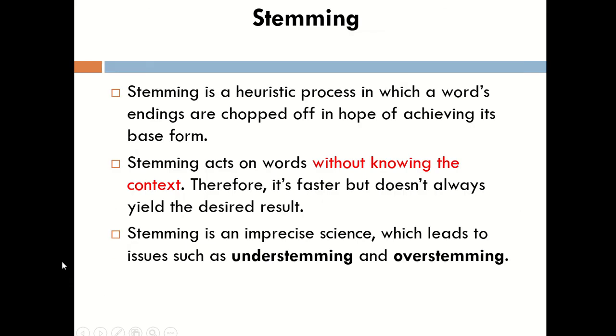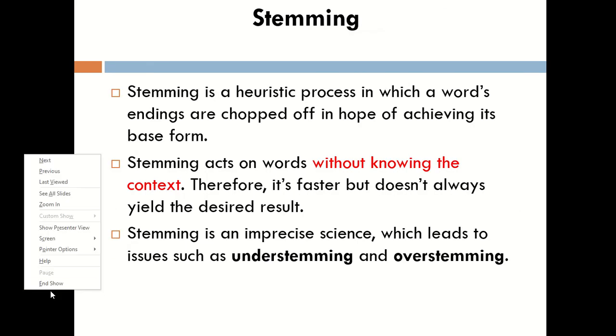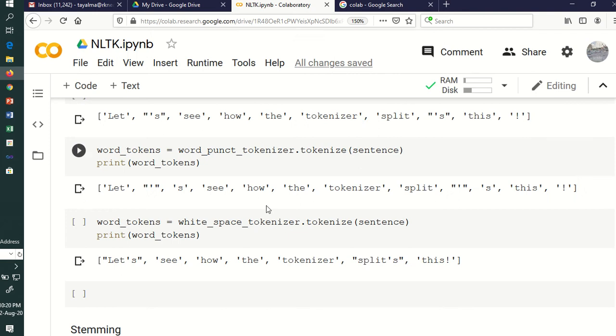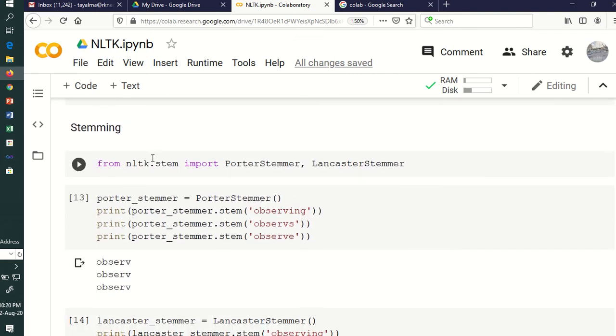Now let us analyze the stemmer on Google Colab. Moving again to Google Colab for performing the stemming operation. There are different stemmers available in the NLTK library. You give the command from nltk.stem import PorterStemmer, comma, any other stemmer you want to add.